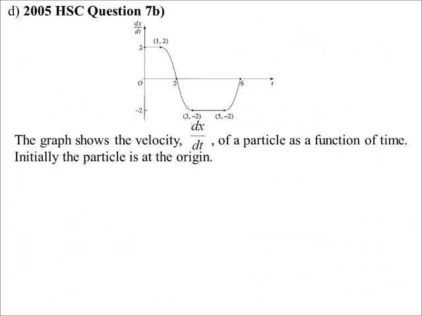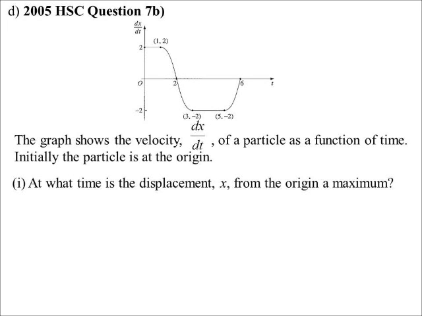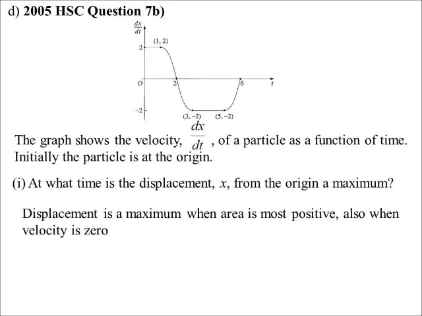Let's try another one. 2005. Displacement time graph again. At what time is displacement a maximum? So displacement a maximum. Displacement is a maximum when the area is most positive, if you like, or when velocity is equal to 0.